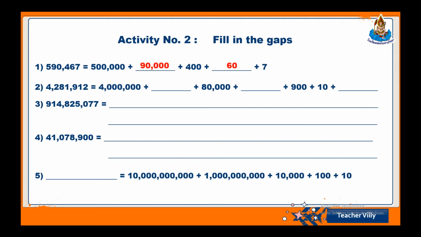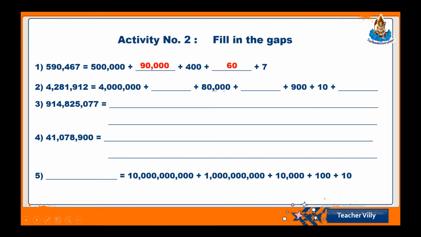Let's take number 2. We have the number 4,281,912. So we have 4 million. Next we have the digit 2.